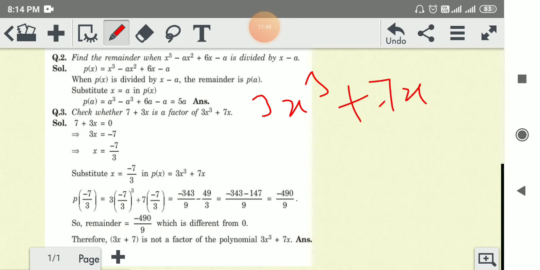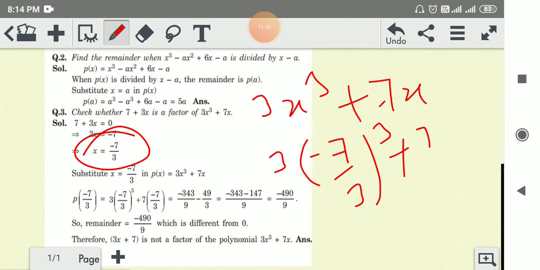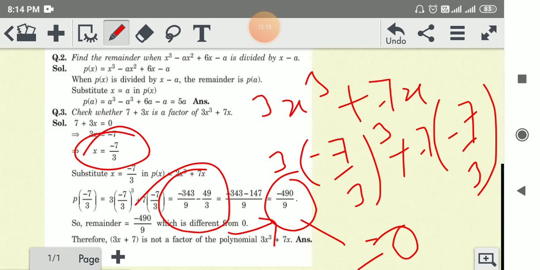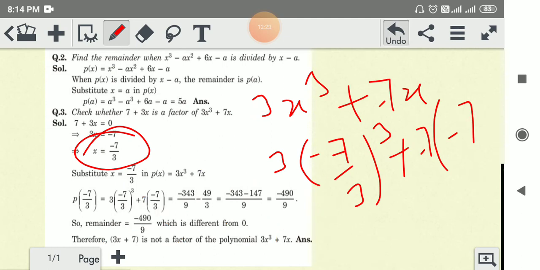Now put the value of x, where x is equal to minus 7 upon 3, cube, plus 7 and again minus 7 upon 3. Multiplying the numbers and taking the LCM, we get this, and solving this again, we get minus 490 upon 9. Here this is not equal to 0, so we can say easily this is not a factor of the given equation. Okay, this is the solution of question number 3.